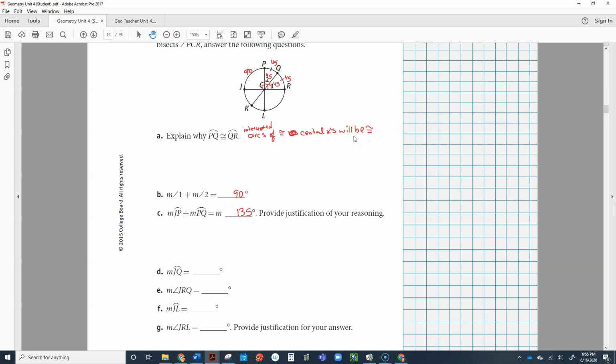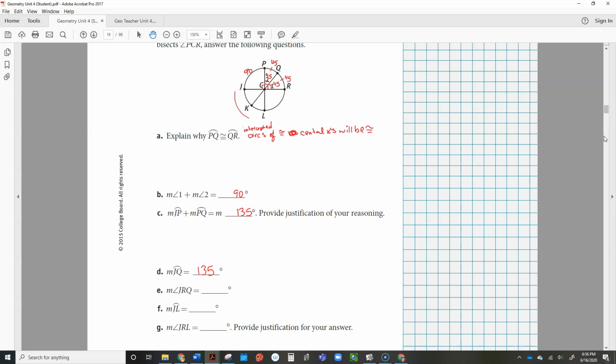The measure of arc JQ is 135 degrees. That's the same thing that we just answered right here, JP plus PQ. The measure of arc JRQ.